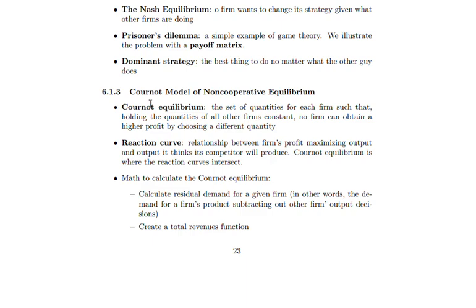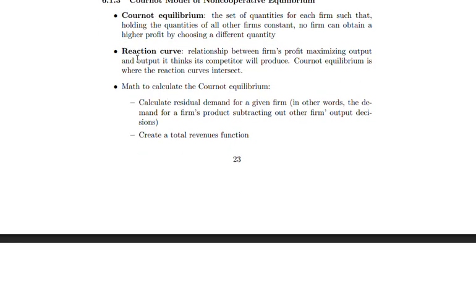You need to discuss this scenario based on quantity. The reaction curve is the relationship between a firm's profit-maximizing output and the output it thinks its competitor will produce. The Cournot equilibrium is where the reaction curves intersect.